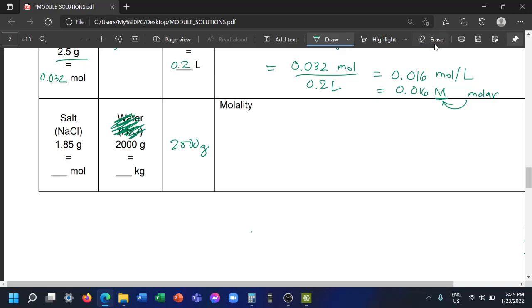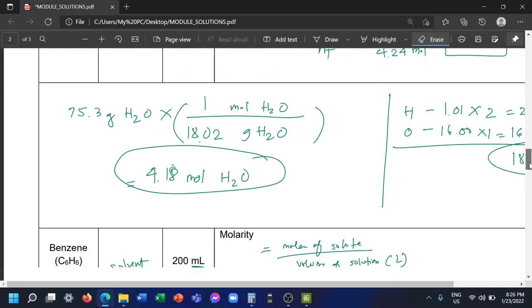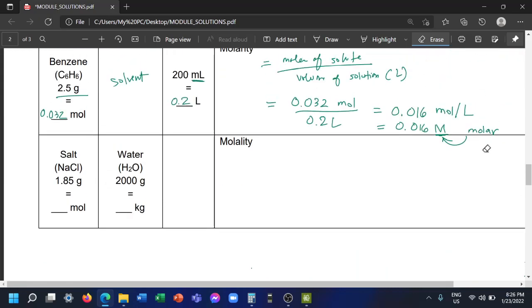Oh, forgot. Oh yes, this one is the solvent. Okay, so for the formula, again, molality is equal to the number of moles of the solute over the mass of the solvent. So in this case, it's the solvent.